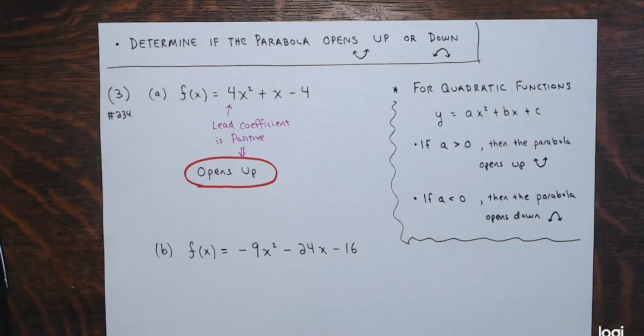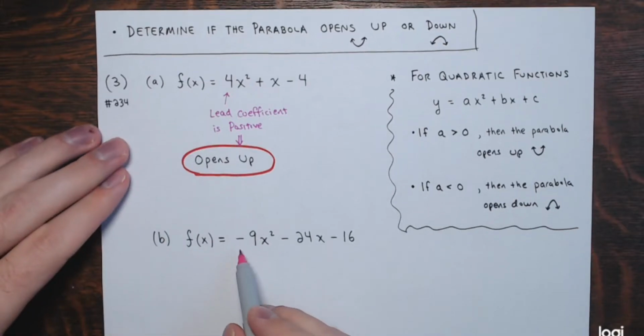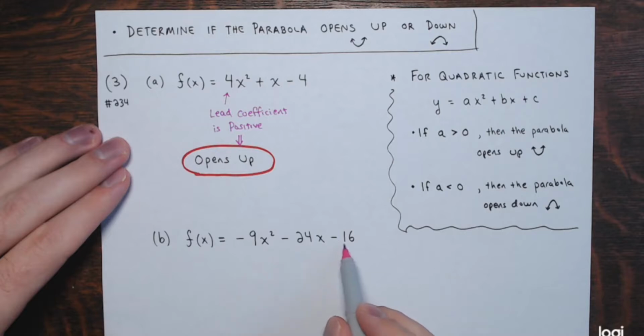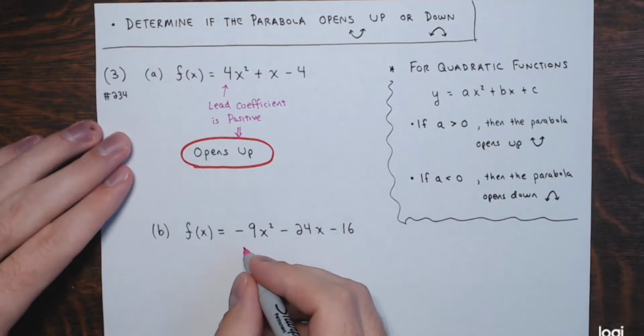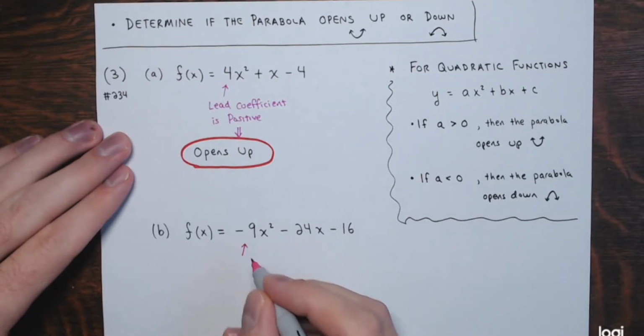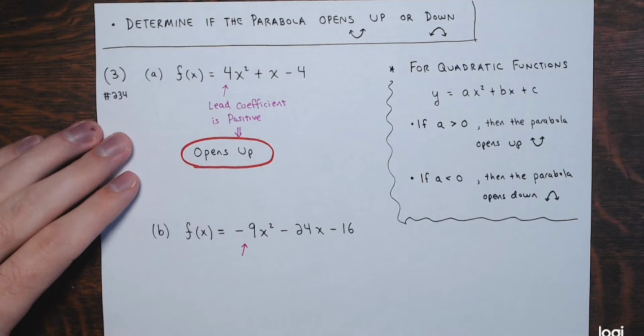Okay, part B. F of x equals negative 9x squared minus 24x minus 16. These lower powered terms don't matter when you're talking about if the parabola opens up or down. All that matters is the lead coefficient, the coefficient on x squared. The lead coefficient here is negative, it's negative 9.